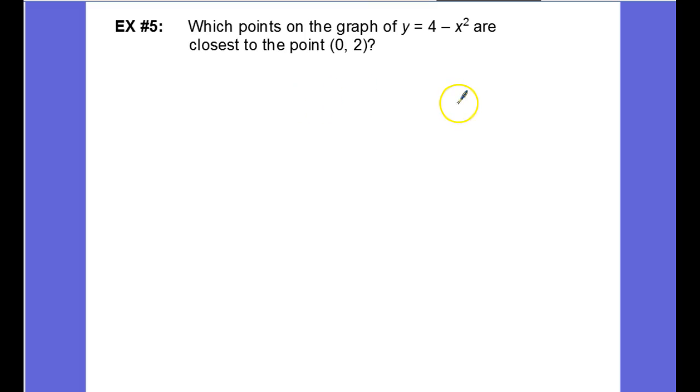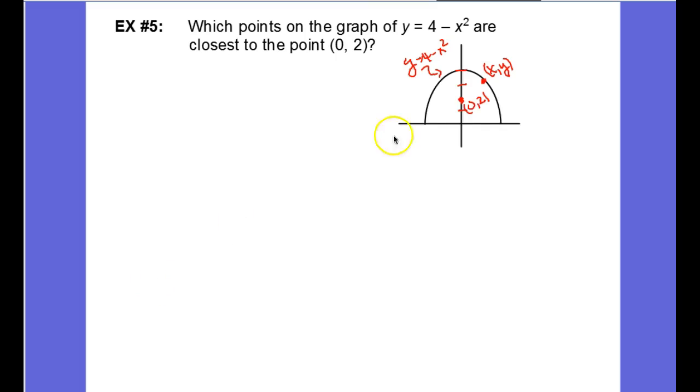So let's sketch a quick picture so we can have it in mind. Here we have a sketch of a parabola that is inverted, and it has a y-intercept of 4. We've sketched this point (0, 2), and that indicates our fixed point.